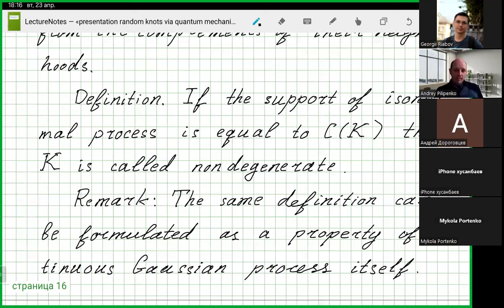And what was surprising for me in this stuff is that we need the second derivative in order to avoid these small knots, small loops inside.